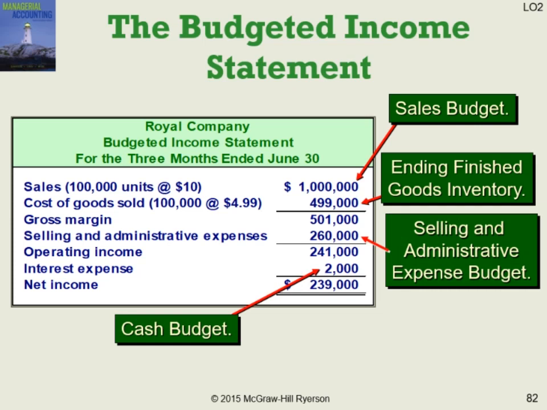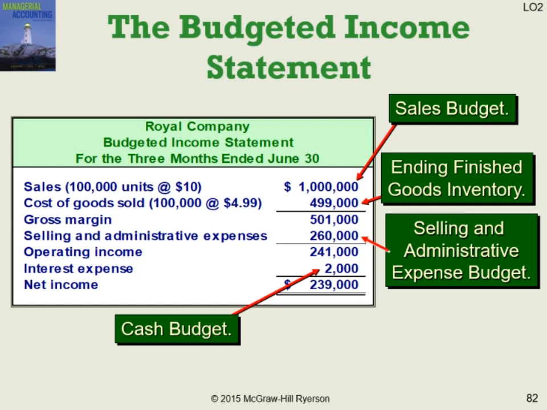Anyway, all of these pieces of the income statement show up as part of our analysis. The sales budget for the 3 months, the quarter ended June, is a total of 100,000 units at $10. We calculate the cost of goods sold using the ending finished goods inventory budget. We actually calculate the cost of all of the pieces of inventory, and we know that we've sold 100,000 of the units, and their average cost is $4.99. Then we have the gross margin.